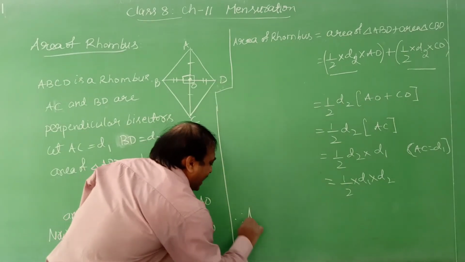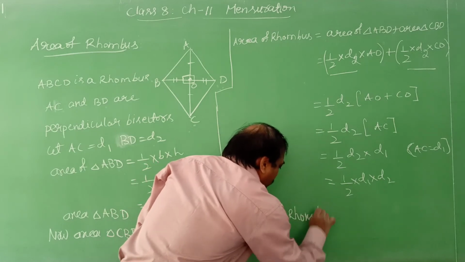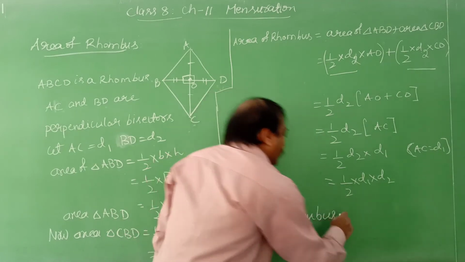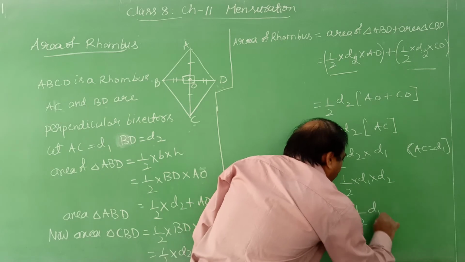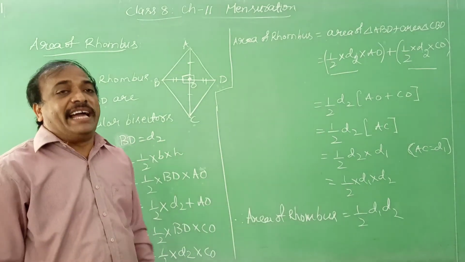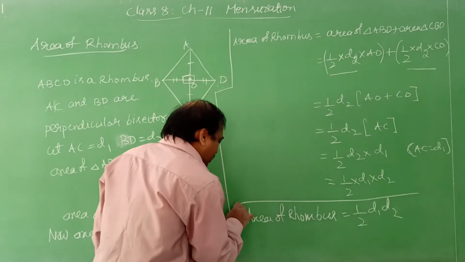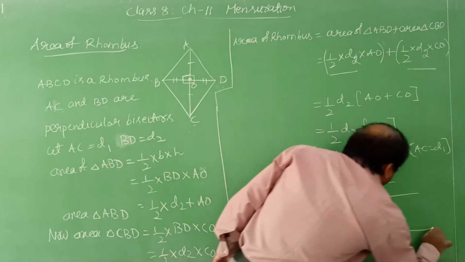Therefore, the area of a rhombus is equal to half D1 D2, half of the product of its diagonals, in square units.